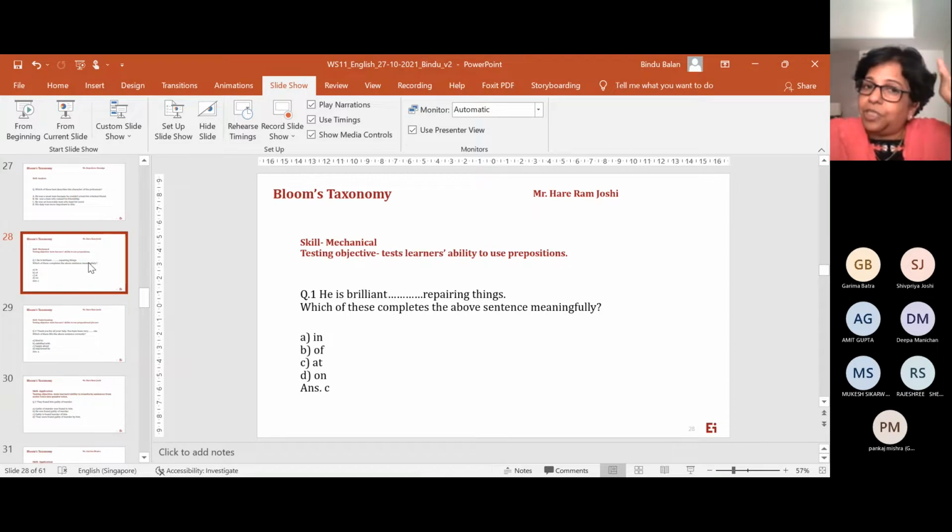If the same question has been used in a different text, it is definitely mechanical. But we don't normally do that, right? We want them to apply them in new situations. So it goes beyond understanding. So Joshi sir, do you agree with my argument, or do you think that I'm missing something?